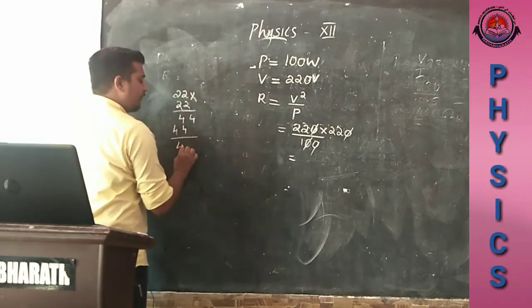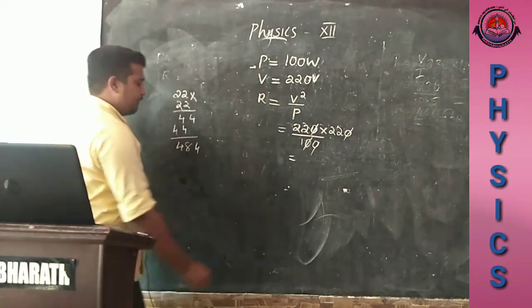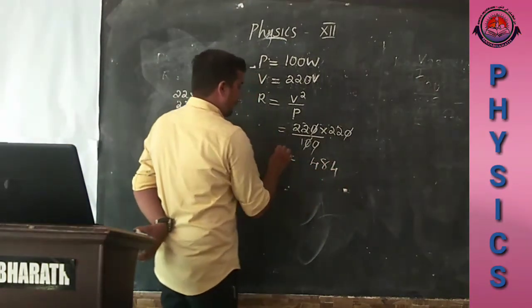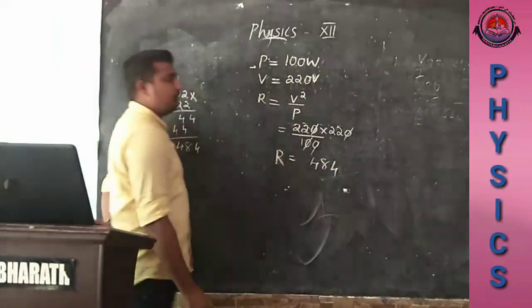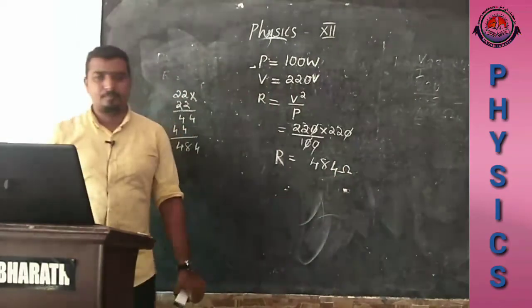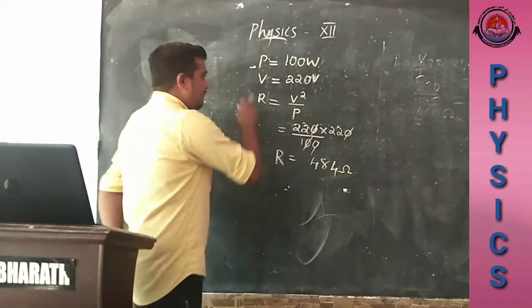That is 484. Okay, 484. That is, the resistance of the electric bulb is 484 ohm. Then next, what is the change?